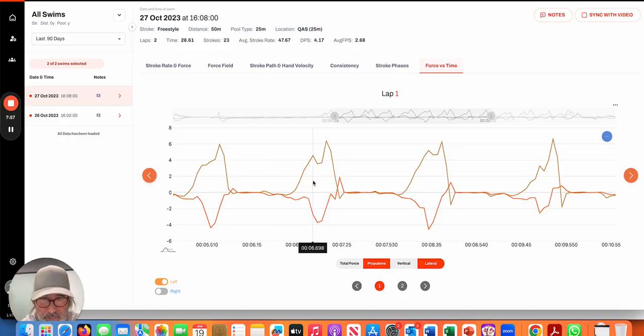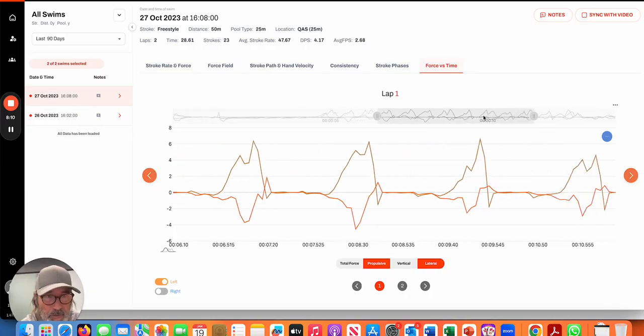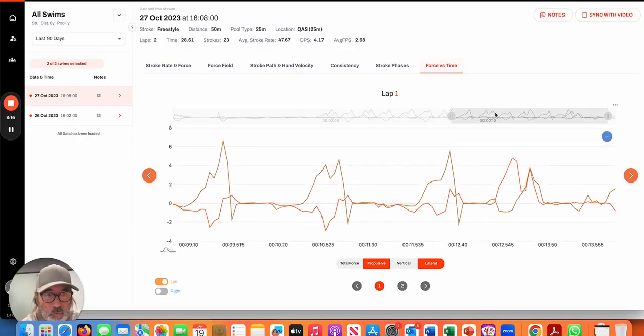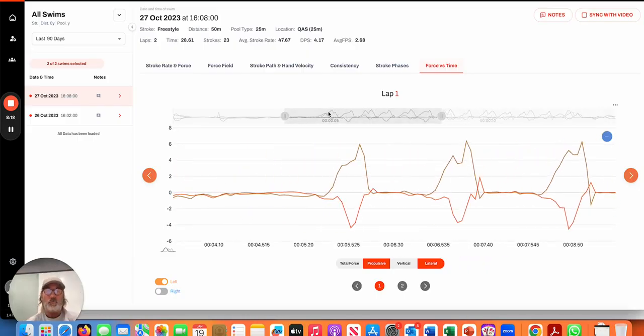But you can see right here, similar patterns going on his left hand, where that hand angle is changing here and it's dropping off a bit there. Same story here. So we've definitely got a pattern going on with his hands rotating. That's affecting his propulsion.